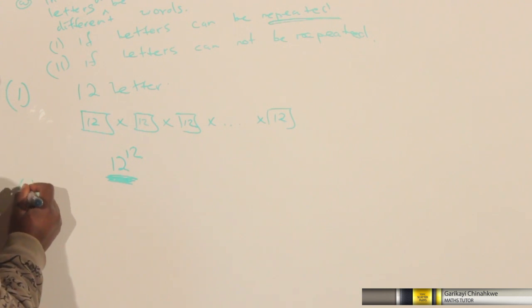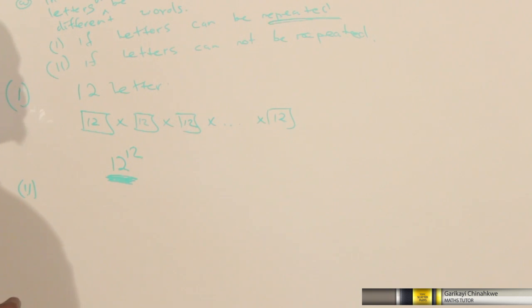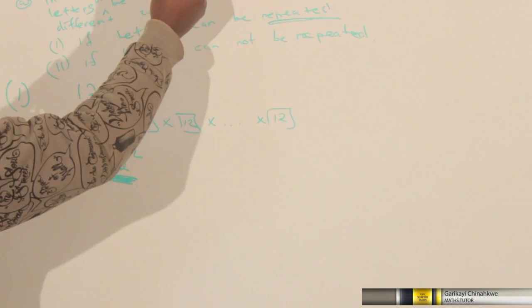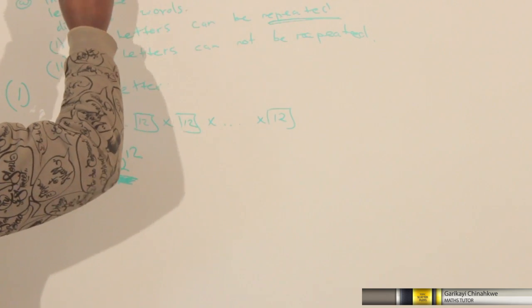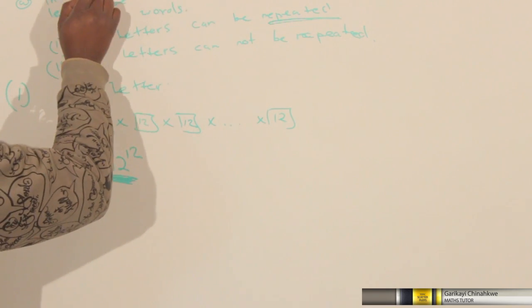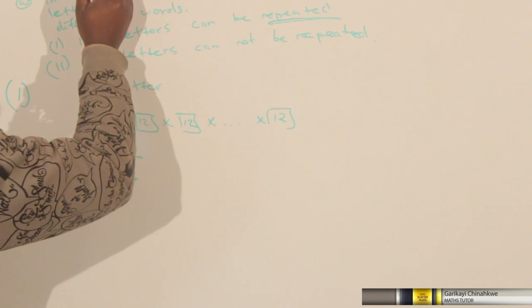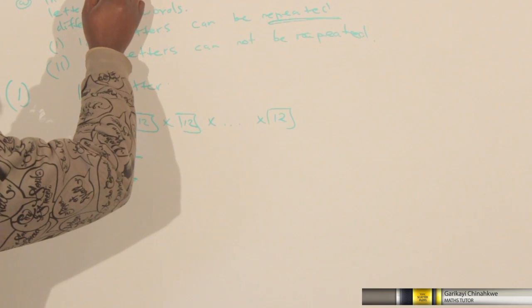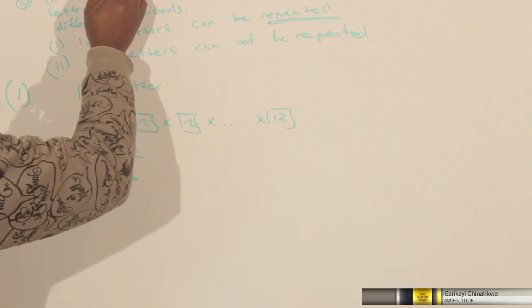Question 2, if letters cannot be repeated. All right, you're going to ask yourself, in hippopotamus, how many H do you have there? We only got one H. How many I's? Only one. How many P's?